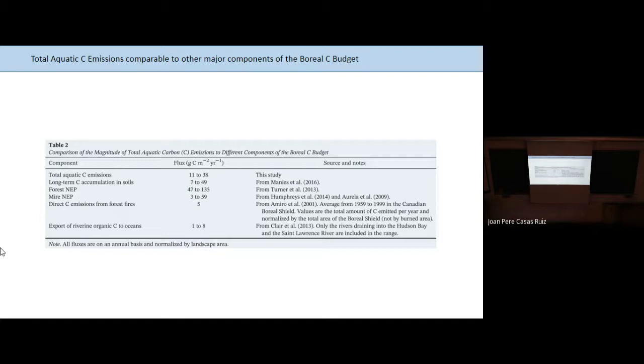We didn't have the data at all to test this kind of thing. But of course, depending on the availability or degradability of your carbon, you're going to get more mineralization of this carbon, and so more emissions, or at least more carbon dioxide in your water. Trying to predict the composition of the OM at the regional or global scale would be amazing, but it's very difficult. But for sure, this plays a role.